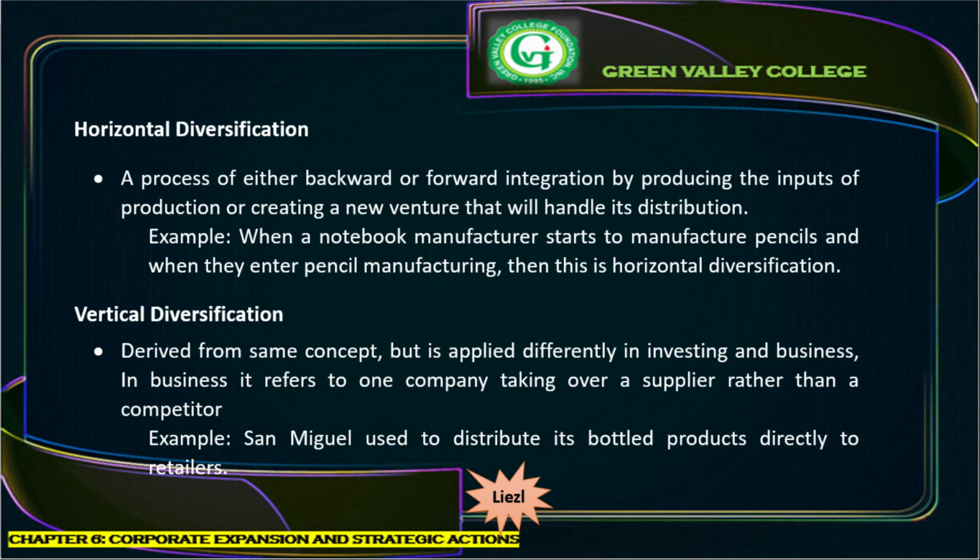So, there is example naton, ang main nila nga product is notebook. So, they manufacture pencils and they enter pencil manufacturing. So, atong pencil nga product nila is nakadagdag kita sa ila.